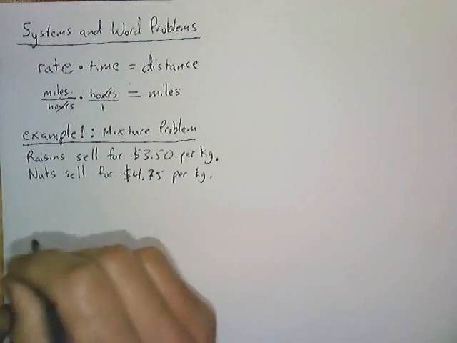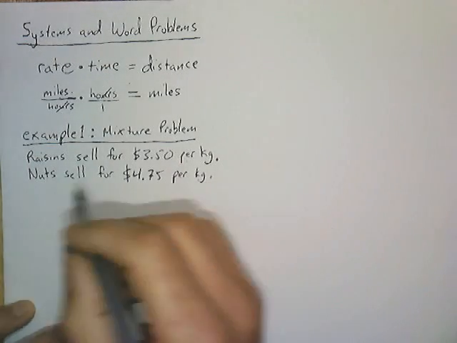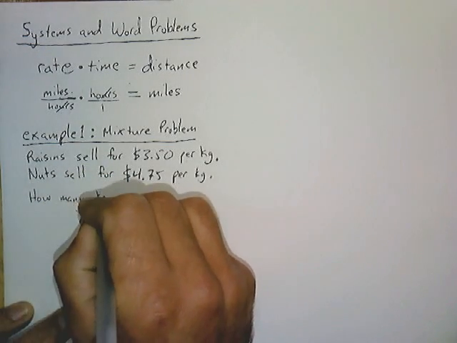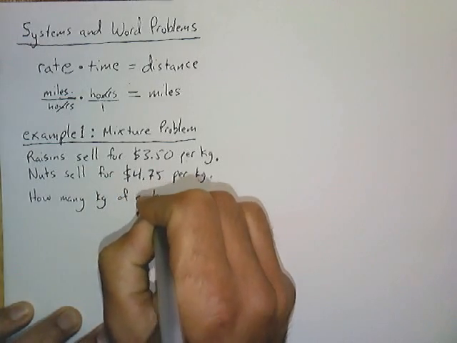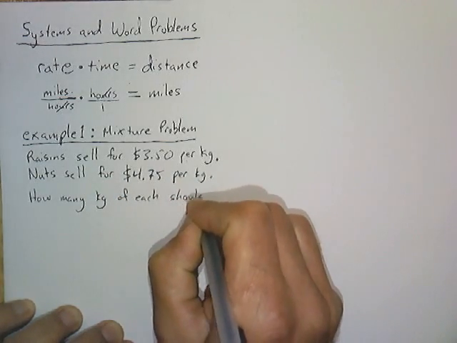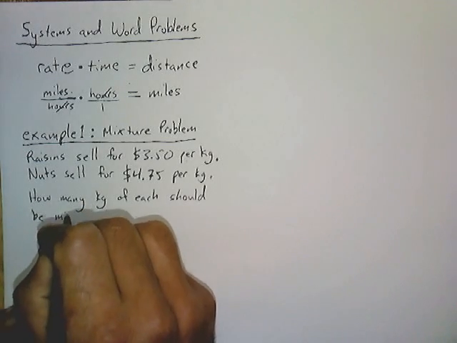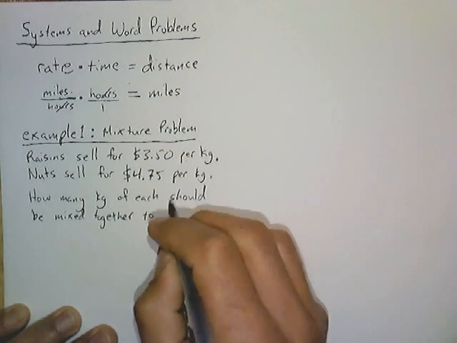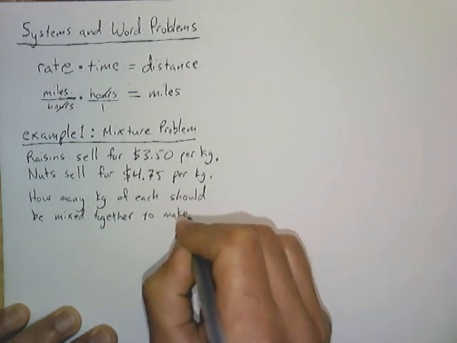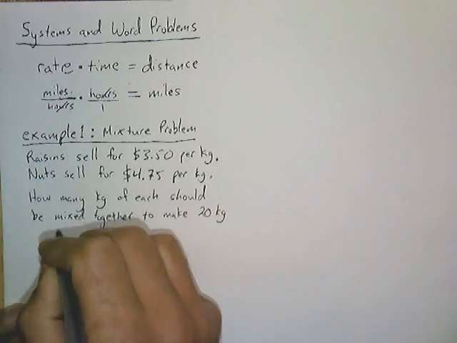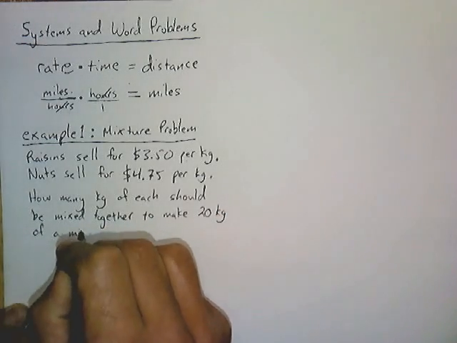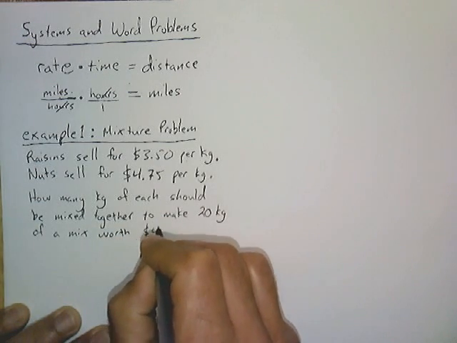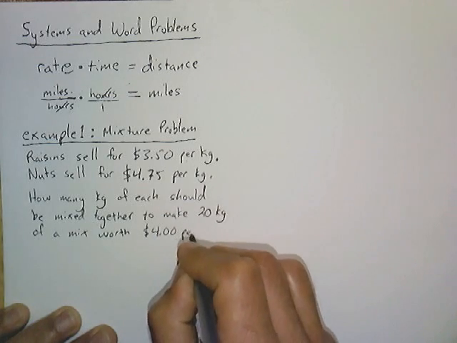And what we want to do is make a mixture of raisins and nuts. And so what we want to know is how many kilograms of each should be mixed together to make, let's say, 20 kilograms of a mix, and that mix we want to be worth, let's say, $4 per kilogram.